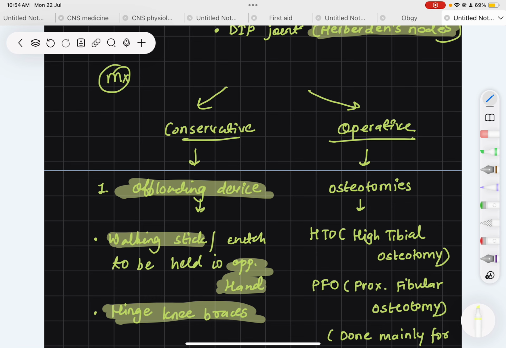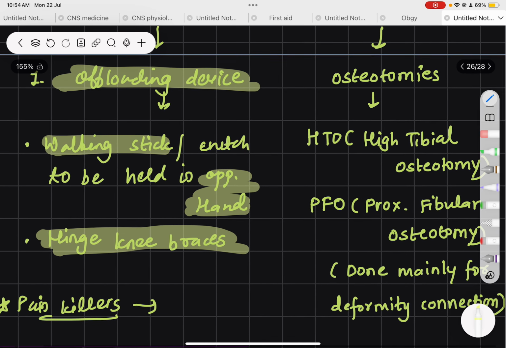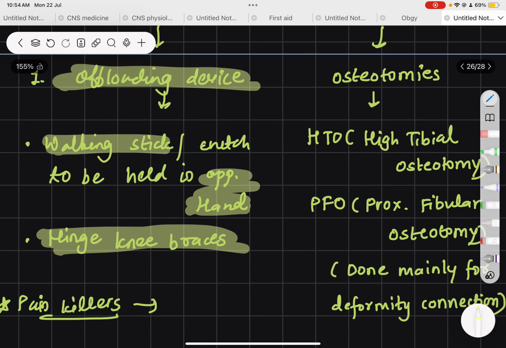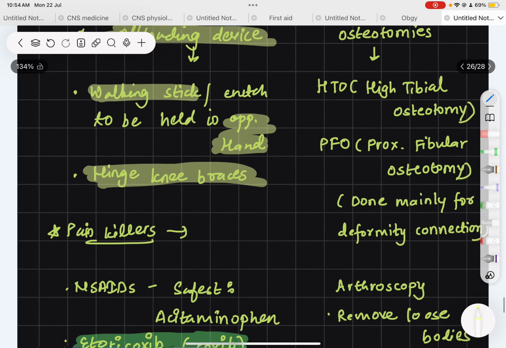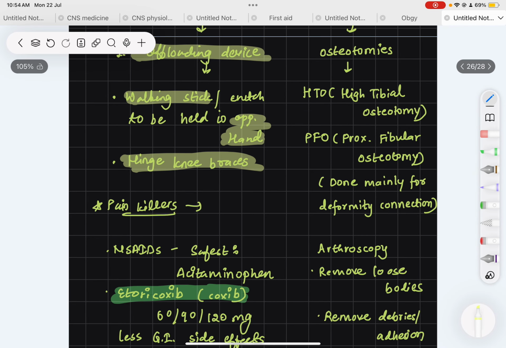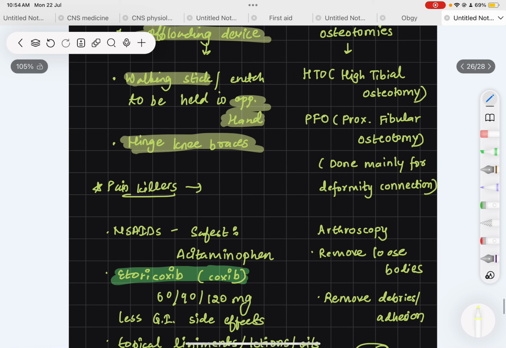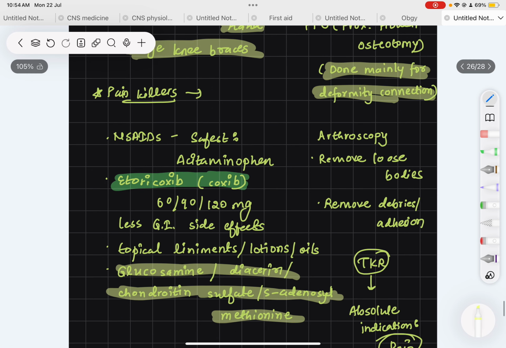And the operative management could be osteotomies, which are indicated when the disease is too advanced and the patient complains of more pain. So high tibial osteotomy, proximal fibular osteotomy, are mainly done for deformity correction.